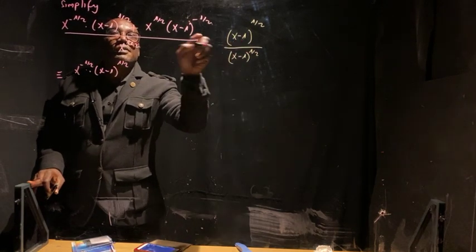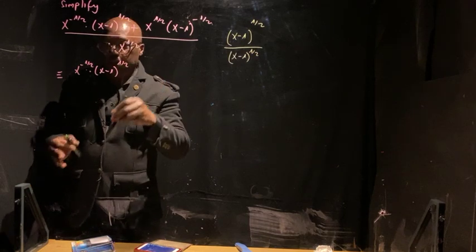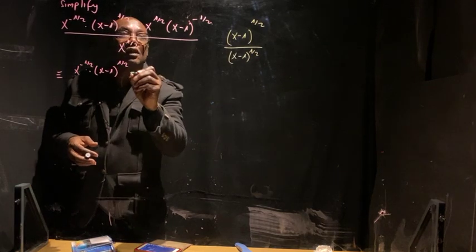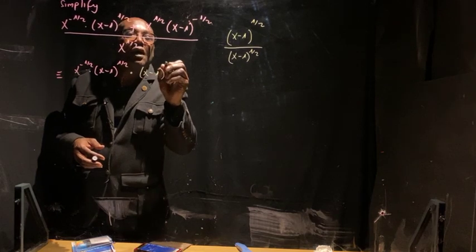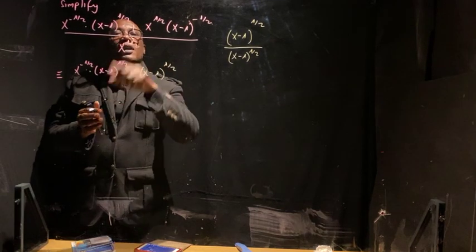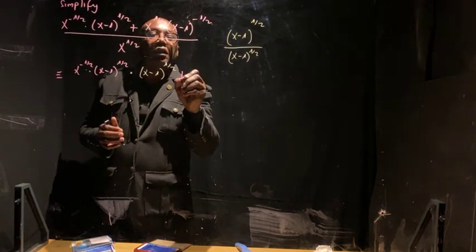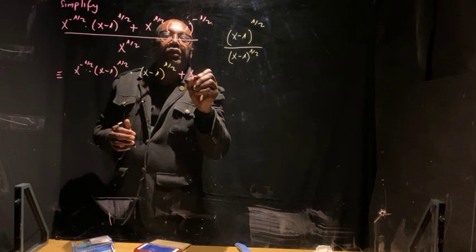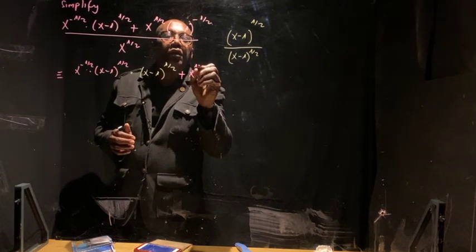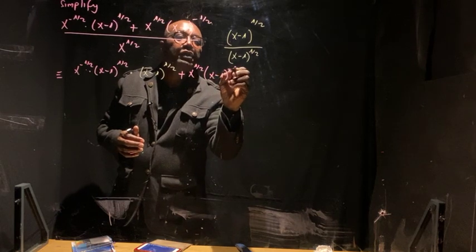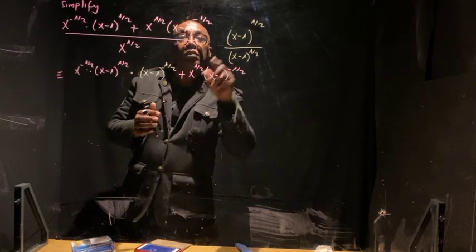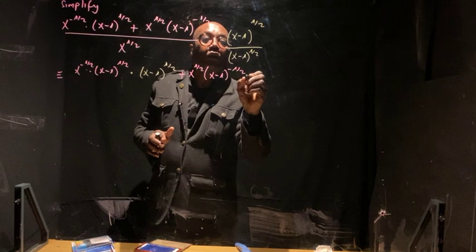Then this one is coming to multiply to 8, so it becomes times x minus 1 raised to the power half. Then I have the plus over there: x raised to the power half, x minus 1 raised to the power negative half, multiplied to that one.